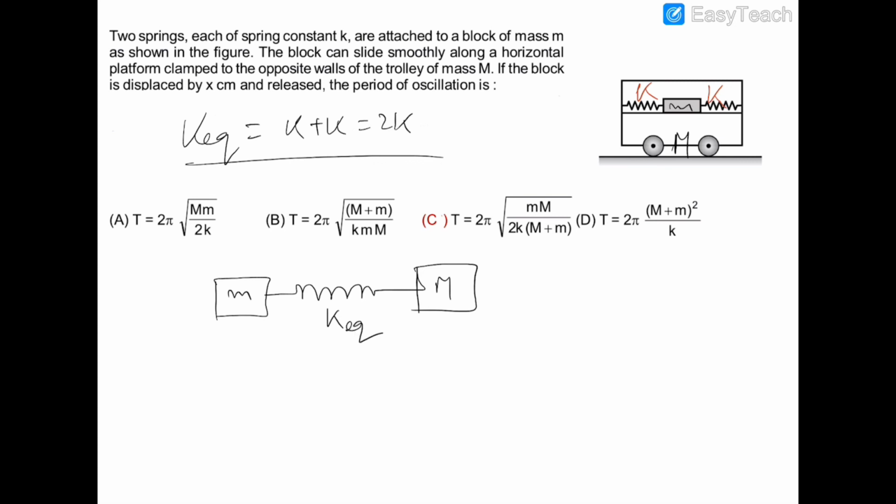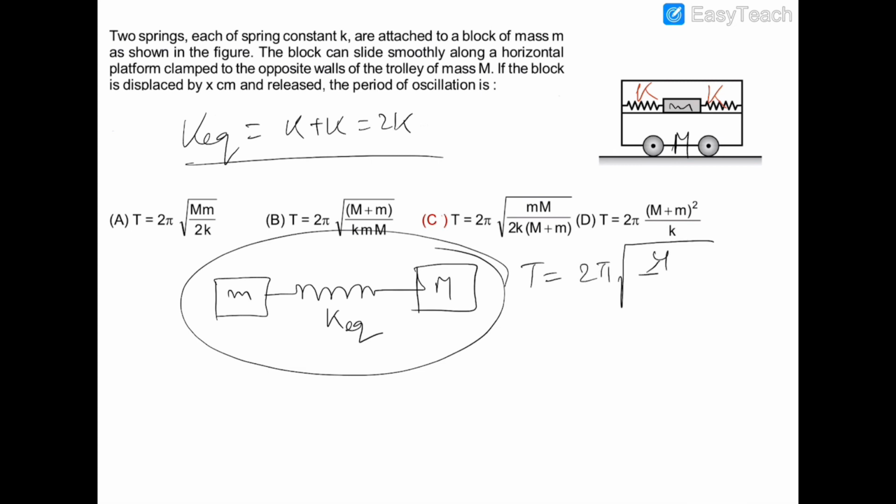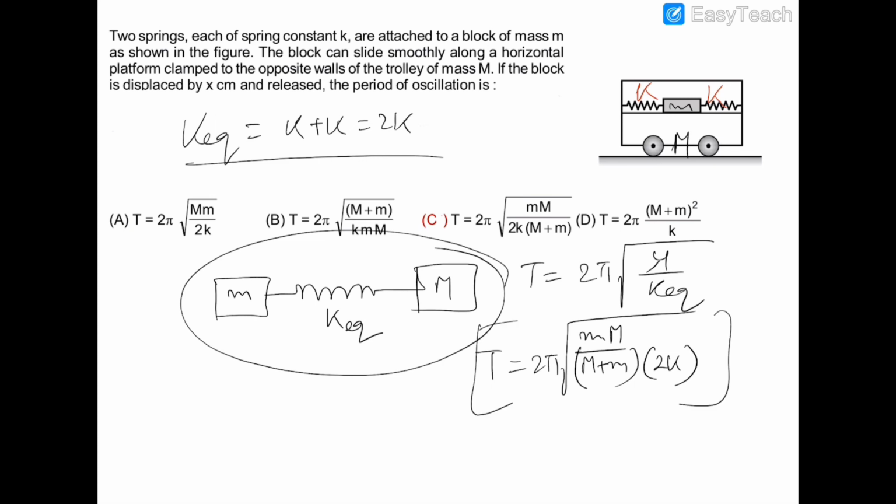So this is a reduced mass system also. The time period of SHM would be 2 pi under root mu by K equivalent. So it would be 2 pi under root mu, where mu would be Mm upon M plus m, and K equivalent would be 2K. So the correct answer would be C.